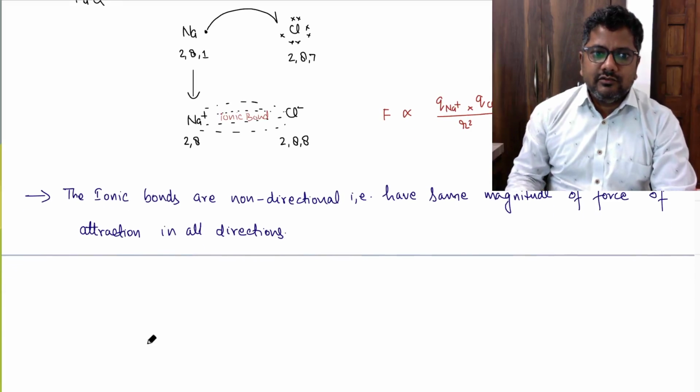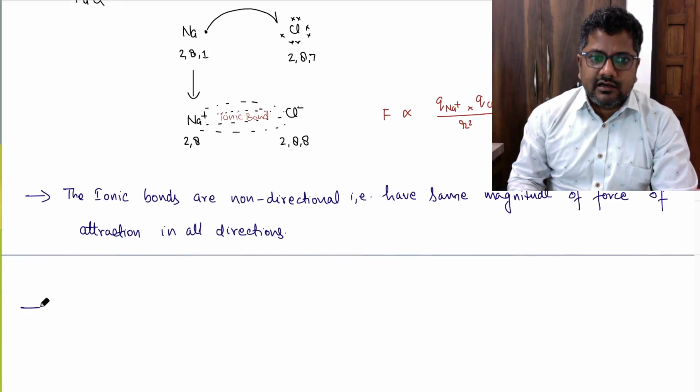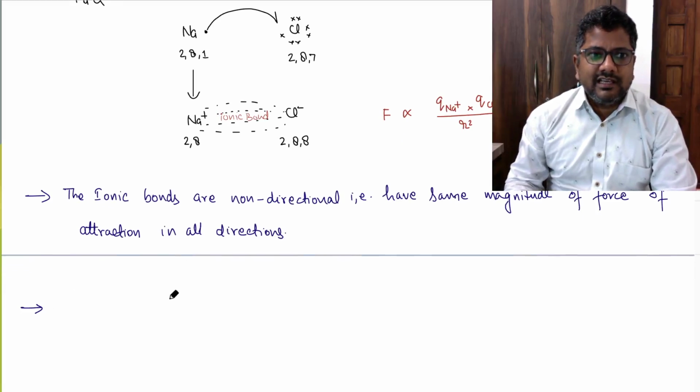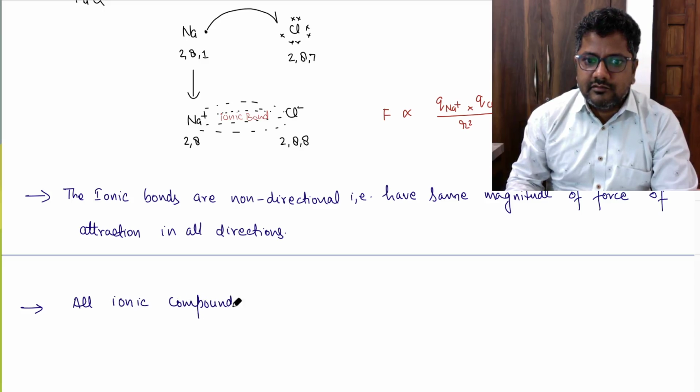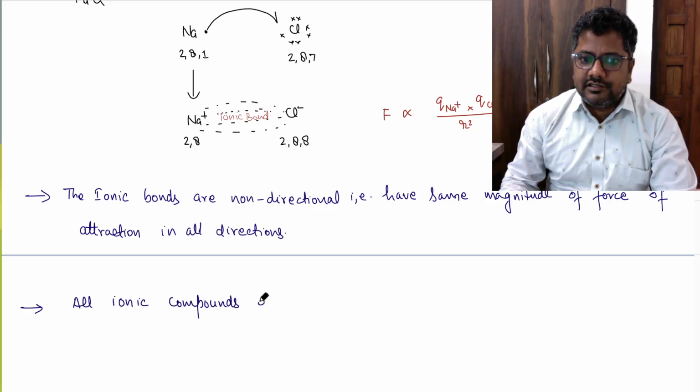And these ionic compounds exist in crystalline solid form. So all ionic compounds exist in crystalline solid.